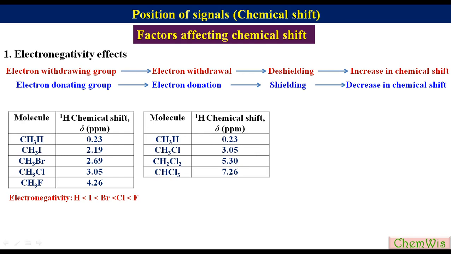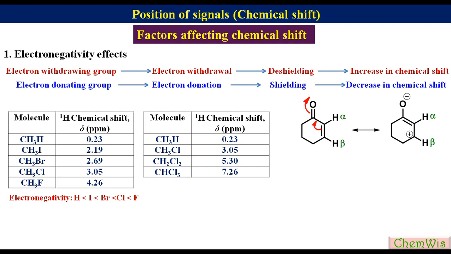Let's have the example of cyclohexanone. In this, we have to predict whether the alpha or beta proton has higher chemical shift. The picture will be more clear if we draw the resonating structure. We can draw the resonating structure of cyclohexanone like this.